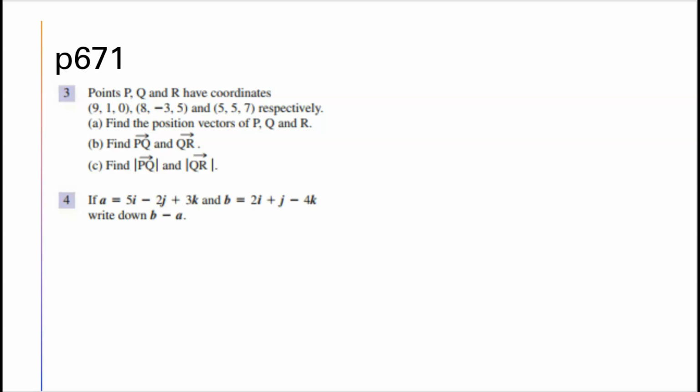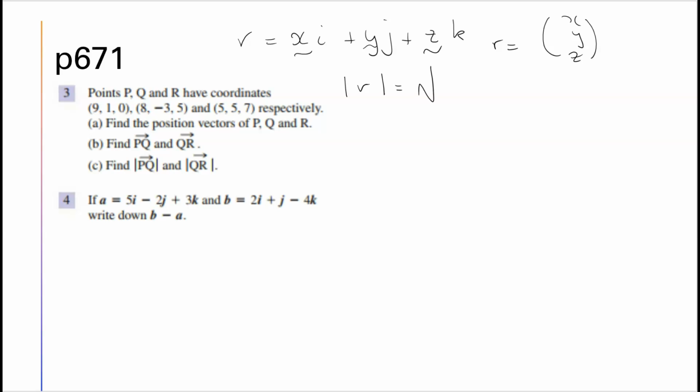Now we're going to do three dimensions. We've got r is equal to xi plus yj plus zk, or r equals x, y, and z. So the length is just going to be an extension of Pythagoras.